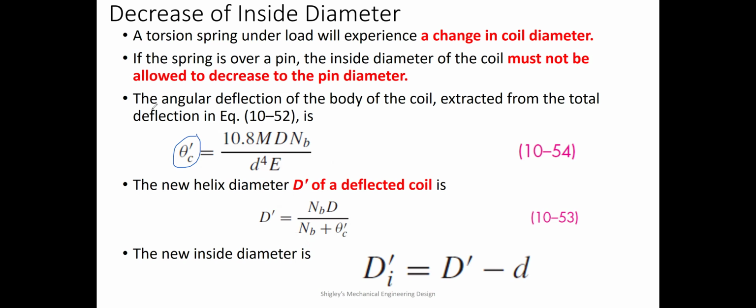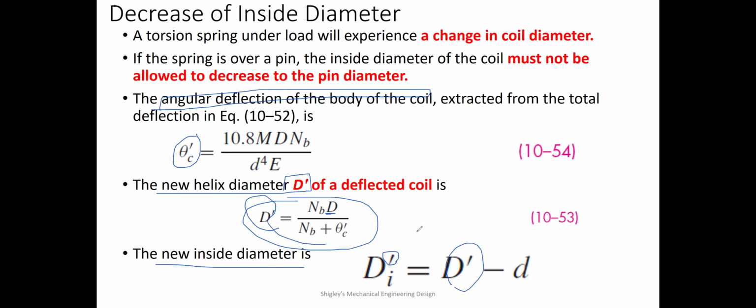This theta prime represents the angular deflection of the body coil, in radians. The new helix diameter D prime equals N B times D over N B plus theta prime. And the new inside diameter D I prime equals D prime minus the wire diameter.